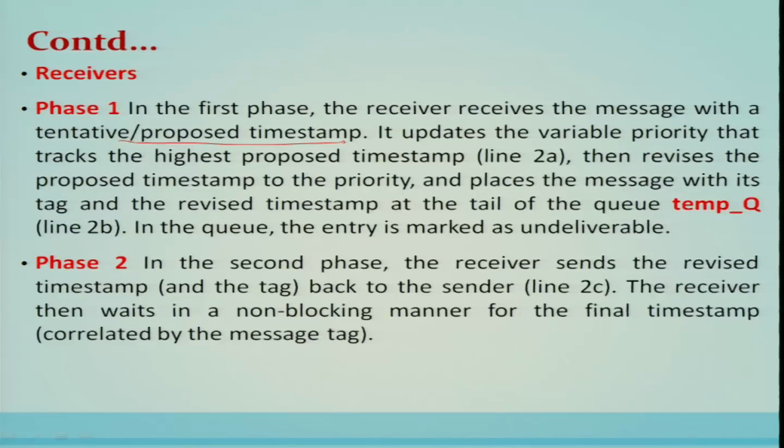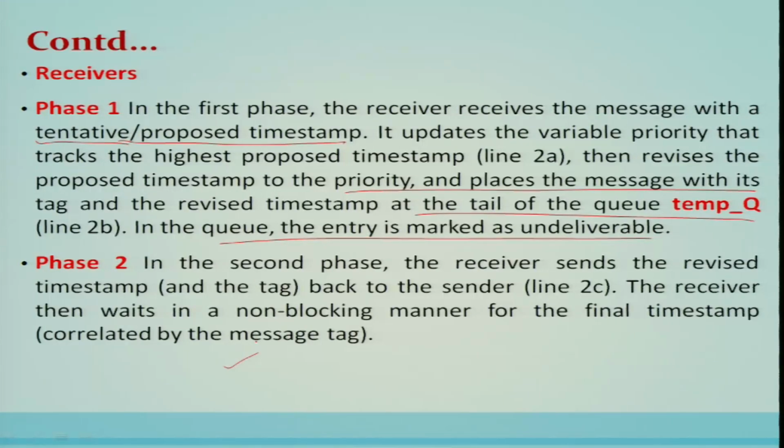Meaning to say that after receiving the messages from the sender, it finalizes a tentative proposal timestamp, and accordingly the messages are placed in the queues and marked as undeliverable. They will not be delivered. Why? Because they are stored in the queue and according to timestamp they will be ordered and then delivered.